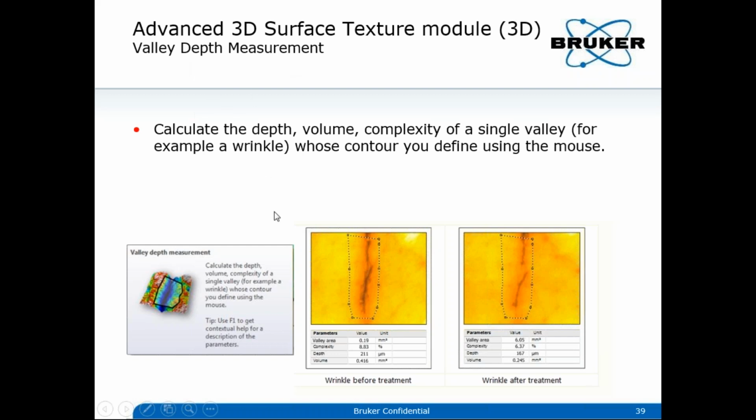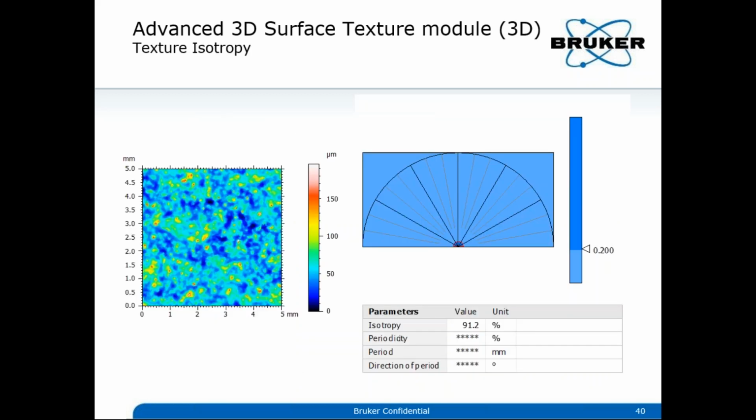For a lot of surfaces, if you are from semiconductors, for example the lead frame, and also some roughness measurement on the pad, you can use this software to do that study. The module also includes texture isotropy. In this surface, you can see that there are no machine lines, and the software shows the distribution of the texture is 91.2% isotropic.